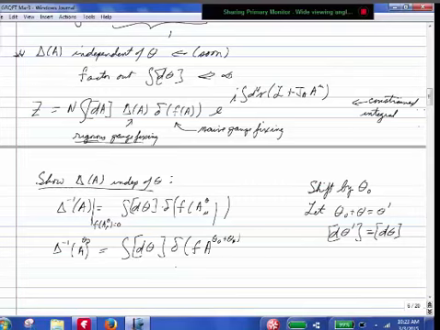I'm going to assume that d theta prime is d theta. So I'll just make this d theta prime, delta of f of theta prime. Yeah, I've skipped a step.